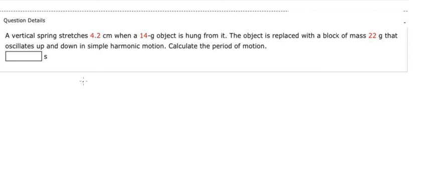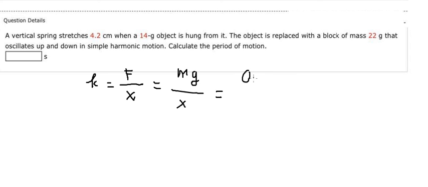So we need to find the value of k. k is about F divided by s, and F is m multiplied with g. We have m that's about 14, but we need to convert to kilograms. Multiply with 9.8.